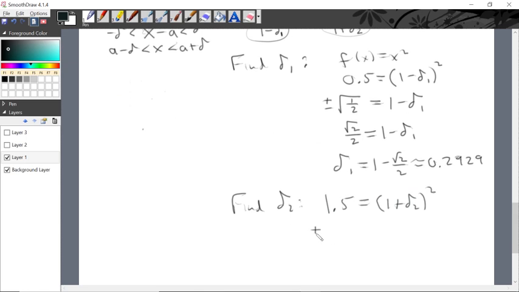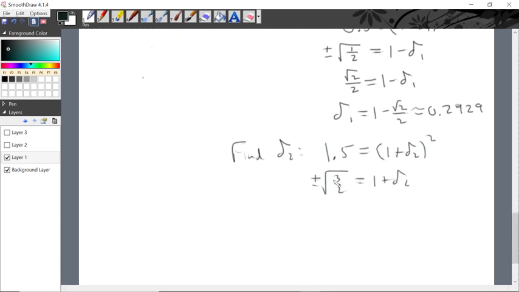Okay, so we have plus or minus the square root of 3/2 is equal to 1 plus delta 2, but we only take the positive of those roots. Rationalizing the denominator, this would be root 6 over 2. Then we can subtract 1 from that in order to get delta 2.